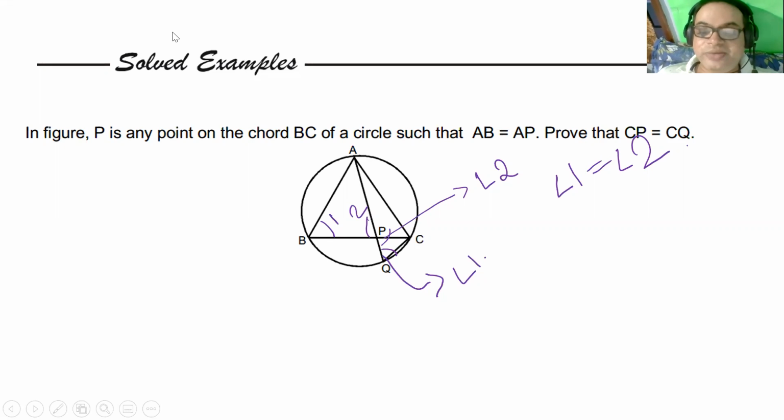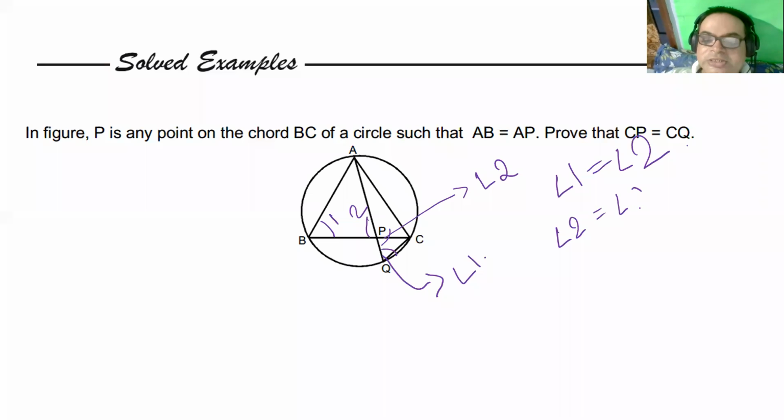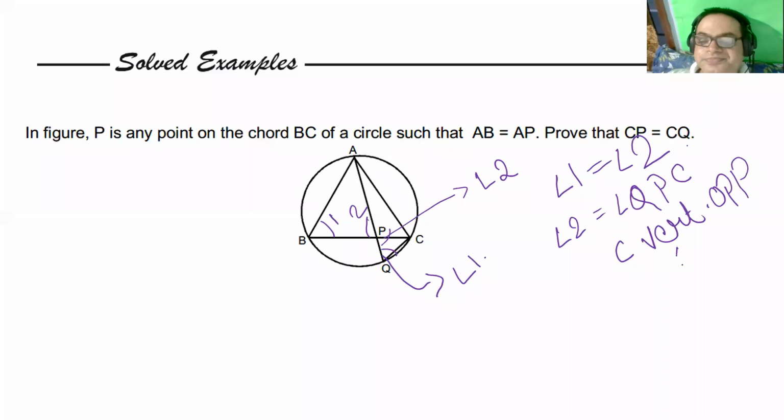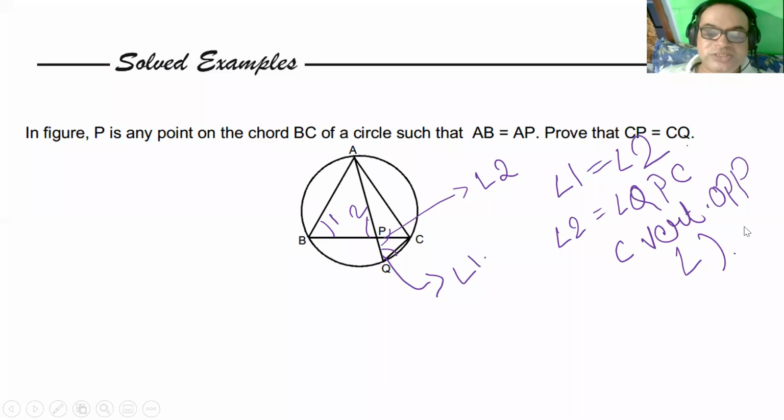Therefore angle 1 will be equal to angle 2. Now angle 2 will be equal to angle QPC. Why, sir? Because this is vertically opposite angle.